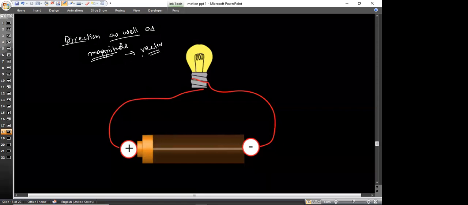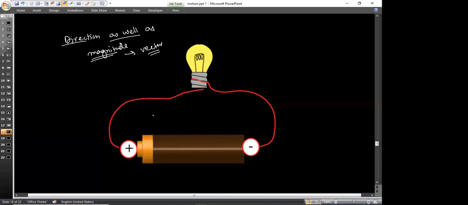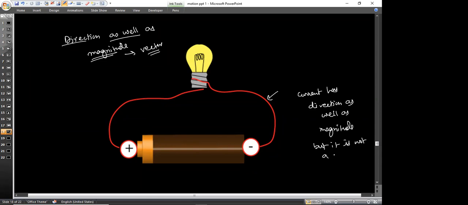But current also has direction as well as magnitude, but it is not a vector quantity.